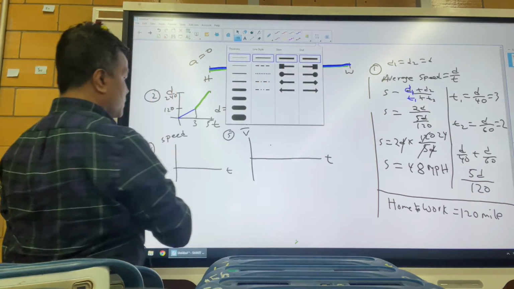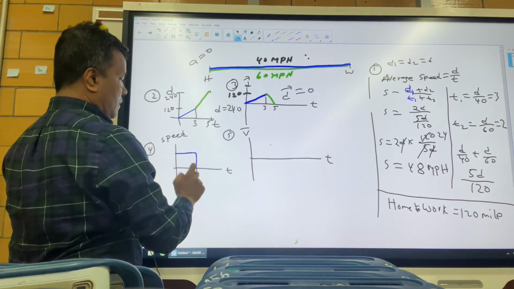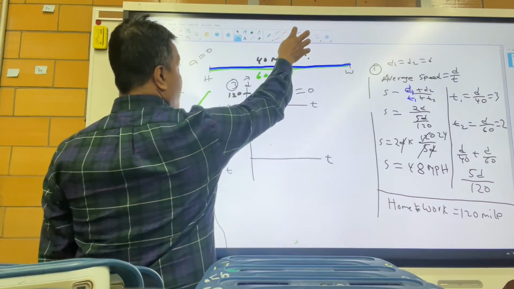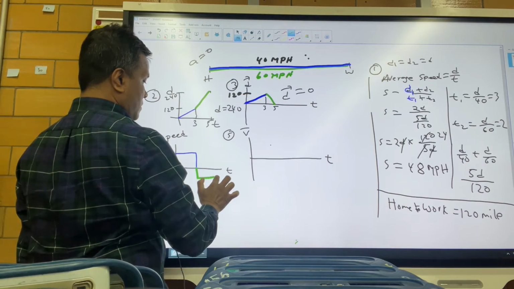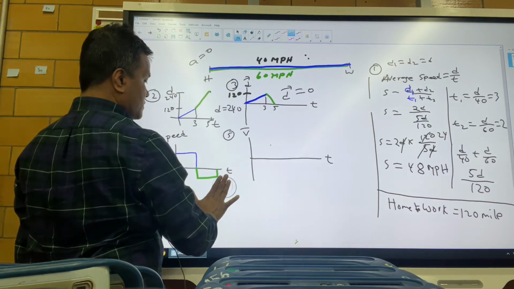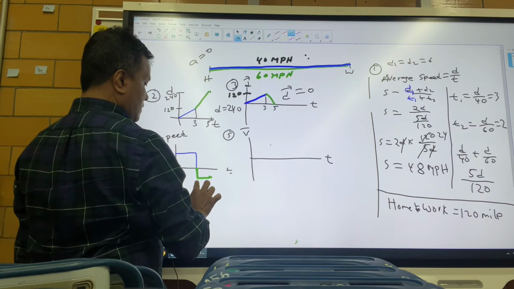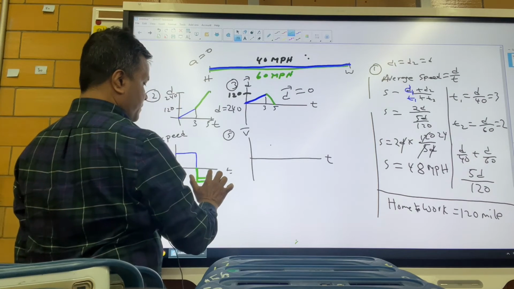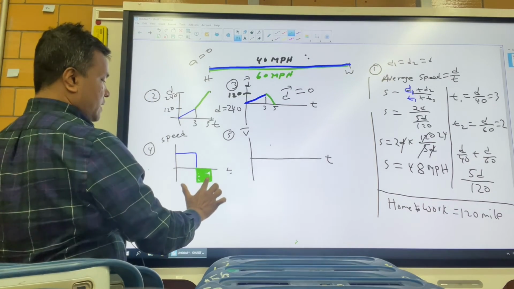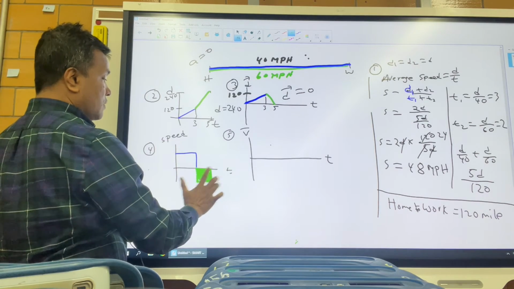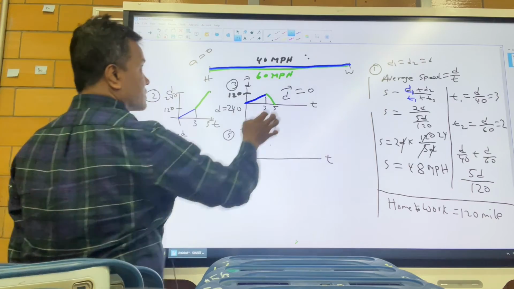All right, so the blue, you have the green. Oh, this is speed, so speed cannot be negative. Very nice.